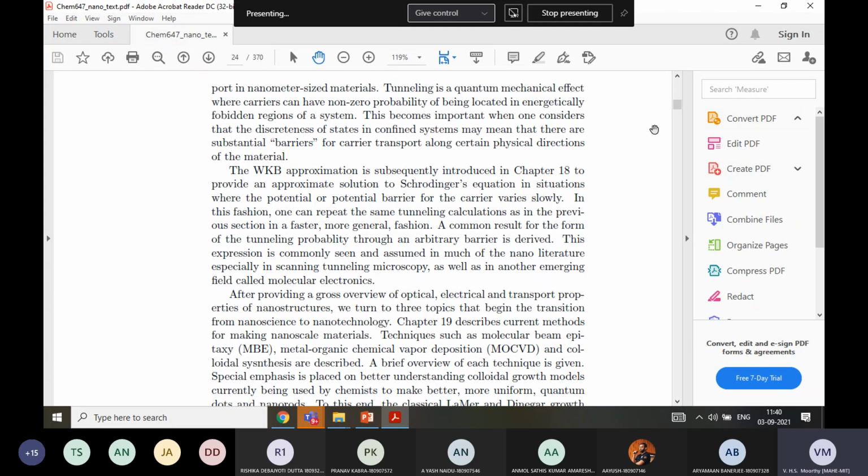One is the crystal structure, because as I discussed some time back, crystal structure is most important because it determines the structure-wise properties of the materials. It will determine how electron wave functions overlap with one another, thereby giving the properties of the materials. So crystal structure is a very important thing.